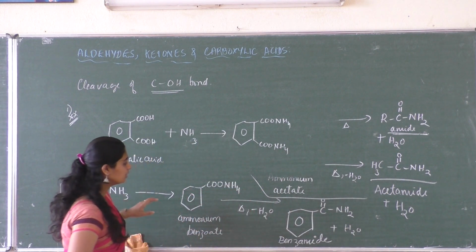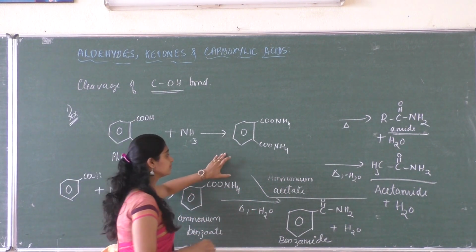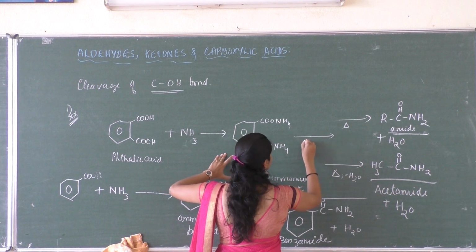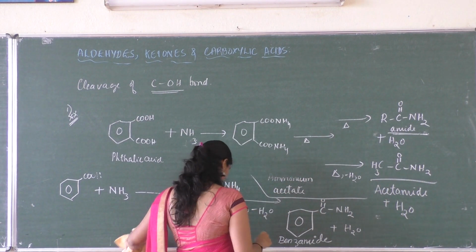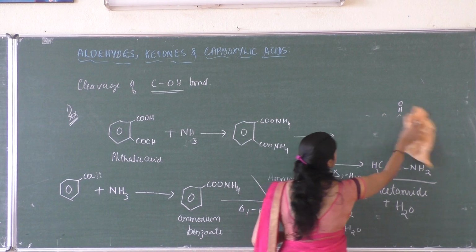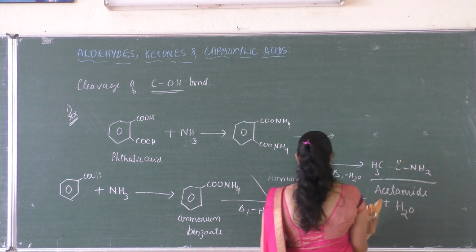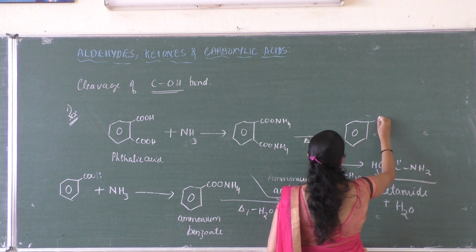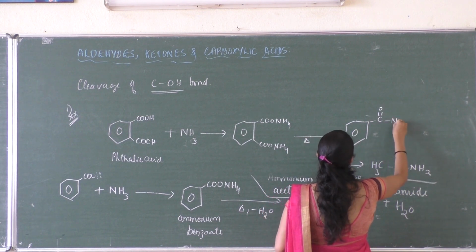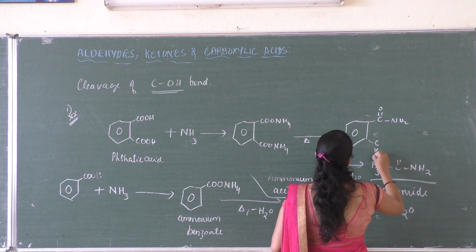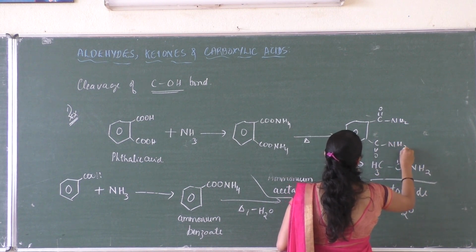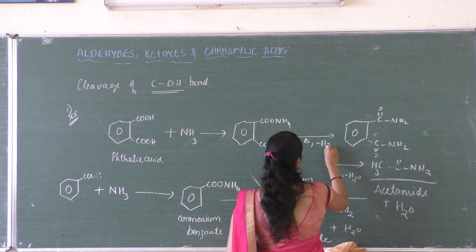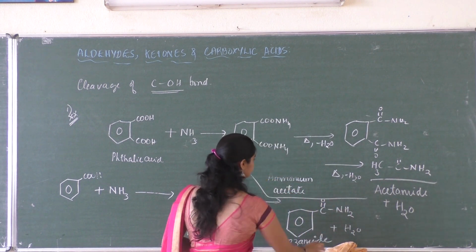So this is ammonium phthalate, which on heating loses a water molecule so as to form phthalamide as the product, with the loss of water.